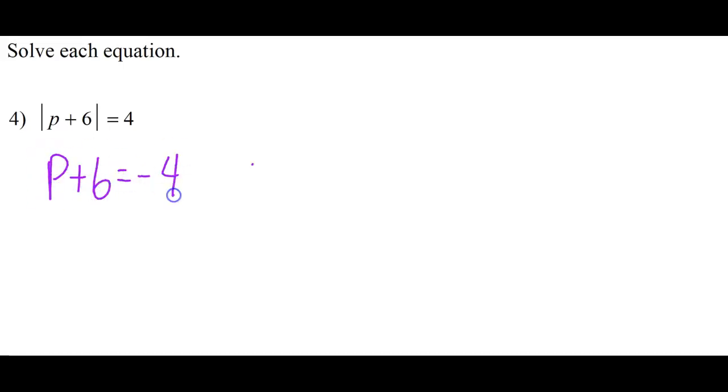Let's go ahead and take a look at number 4. All right, so for number 4, there are no numbers outside the absolute value bars. So if the absolute value of p plus 6 equals 4, then we can say that p plus 6 is either equal to a negative 4 or p plus 6 is equal to a positive 4.